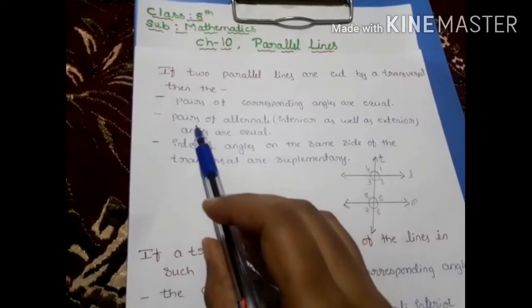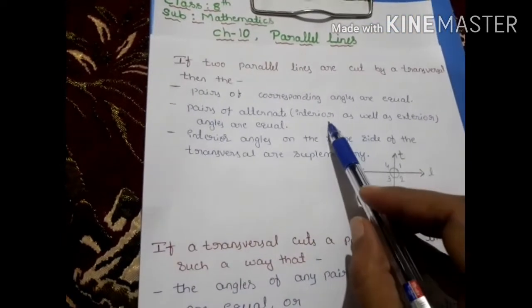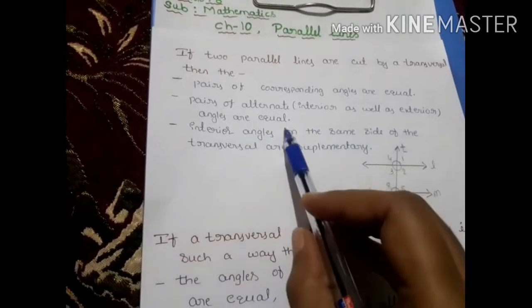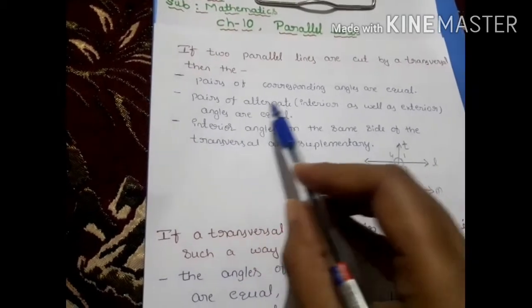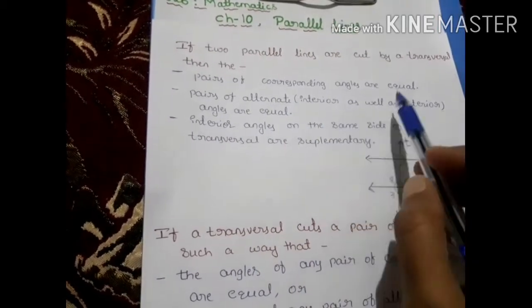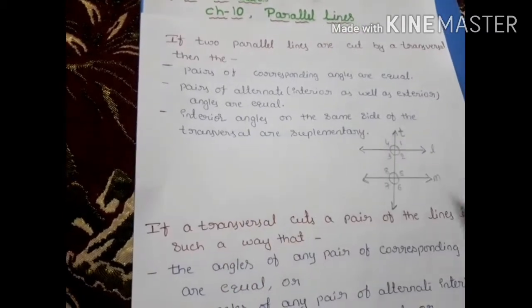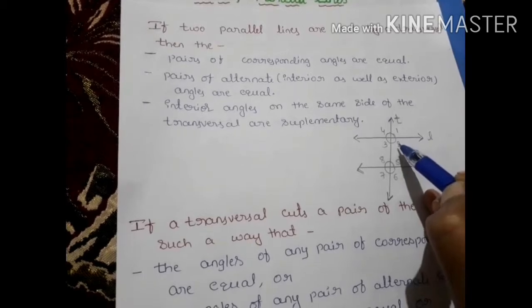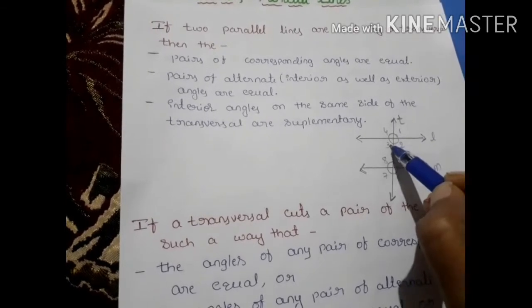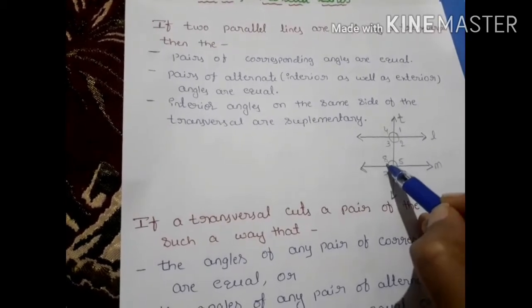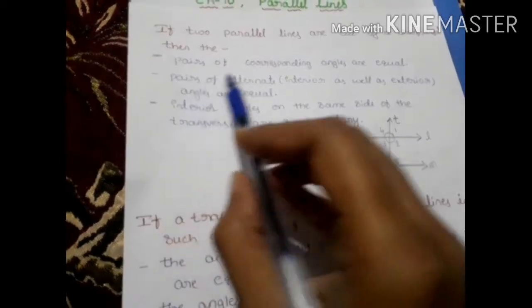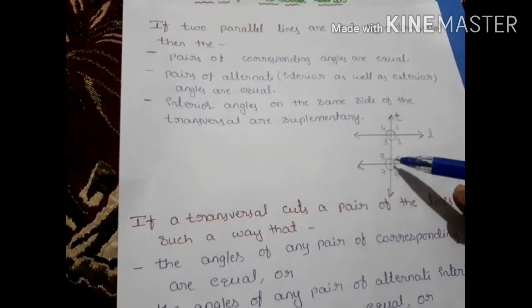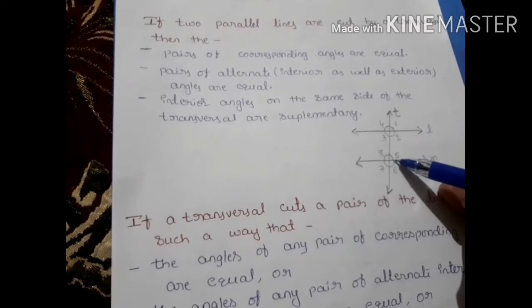Second, pairs of alternate interior as well as exterior angles are equal. From this figure, the interior angles are angle 2, angle 3, angle 5, angle 8. Alternate means opposite.